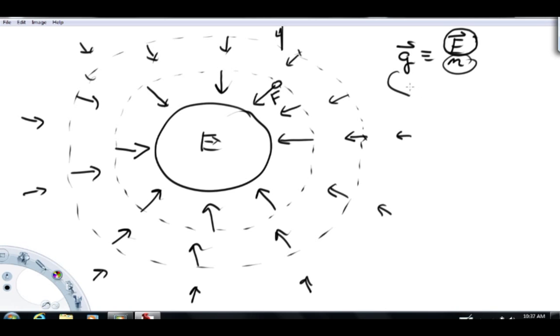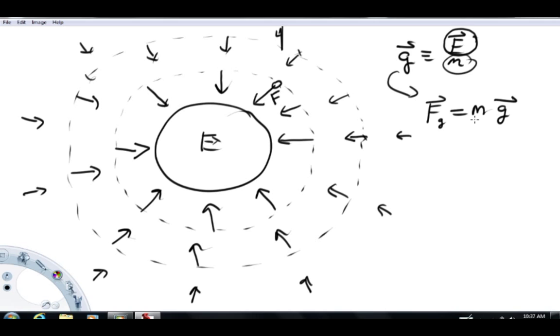Typically we use this relationship to calculate gravitational forces. The gravitational force acting on an object is equal to mass times the gravitational field at that point. In standard college level physics, we usually just call this mg, and we use it when we're drawing free bodies to calculate the weight of an object.